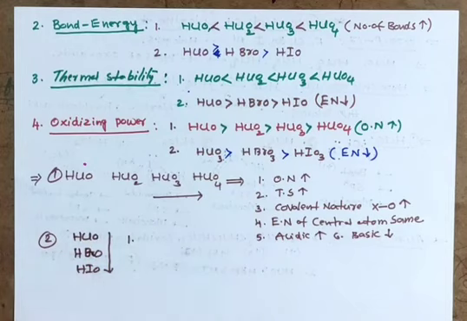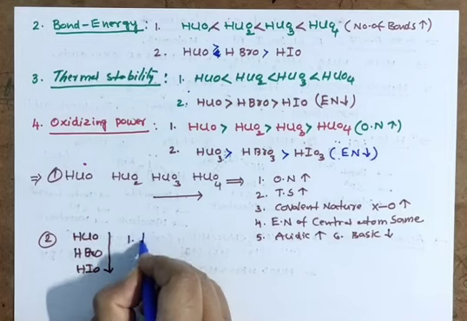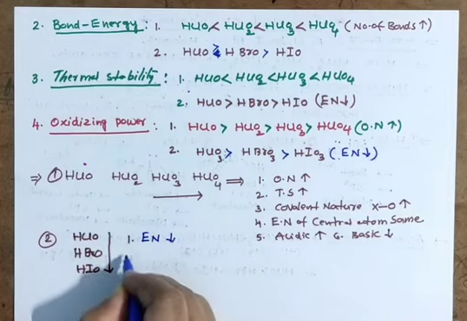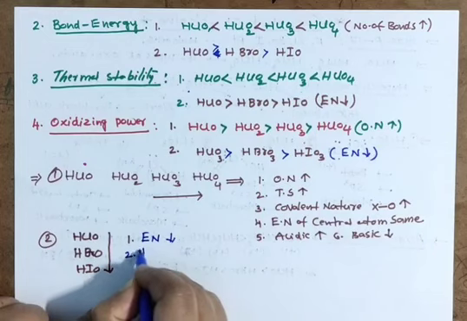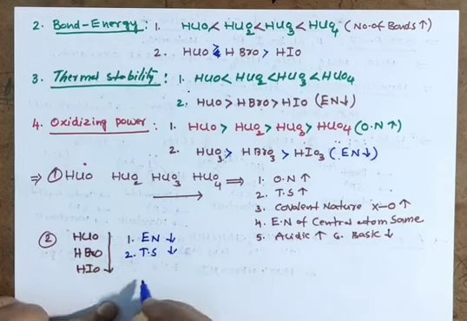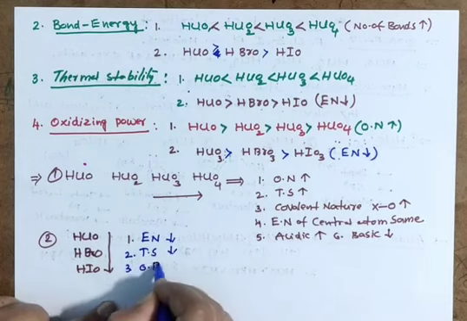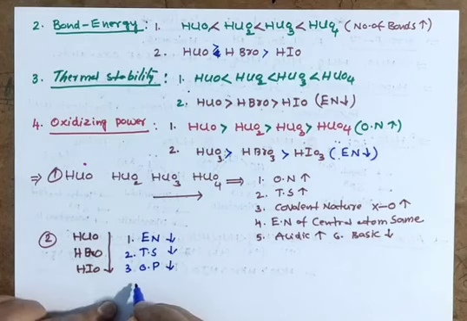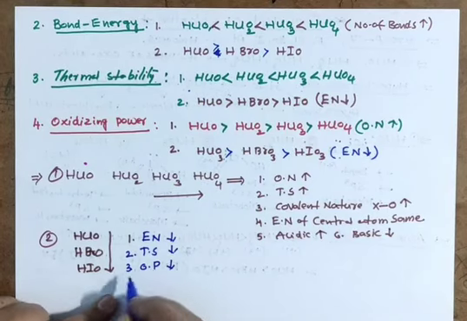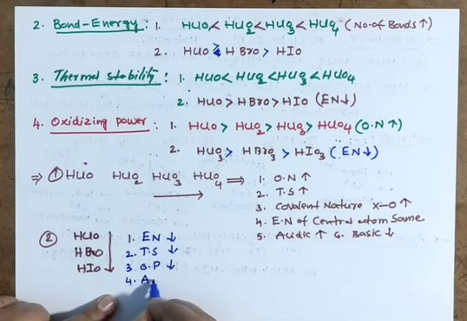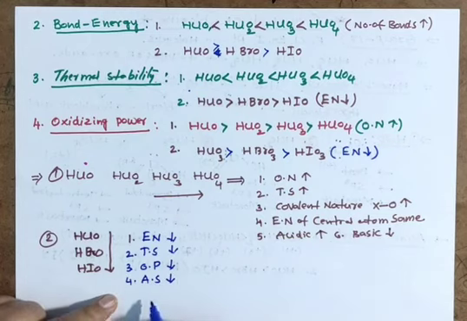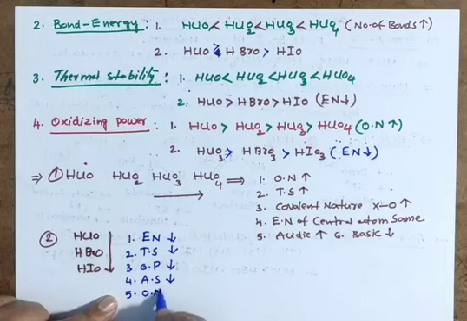Down the group, if you observe HClO, HBrO, HIO, the properties: electronegativity decreasing, thermal stability decreasing, oxidizing power decreasing, acidic strength decreasing, and the last property we have is oxidation number.